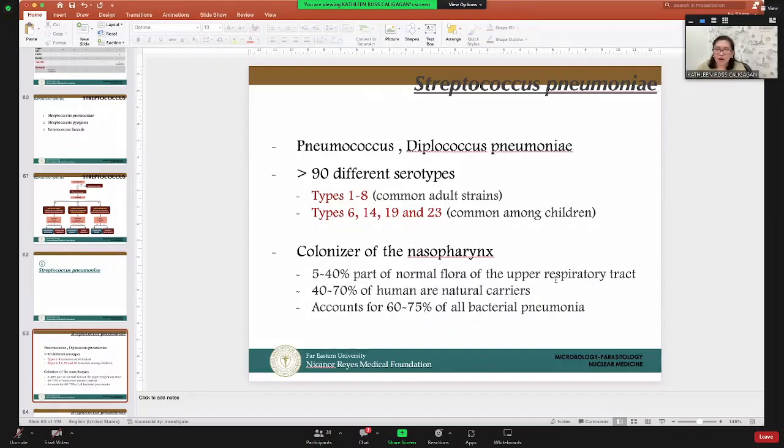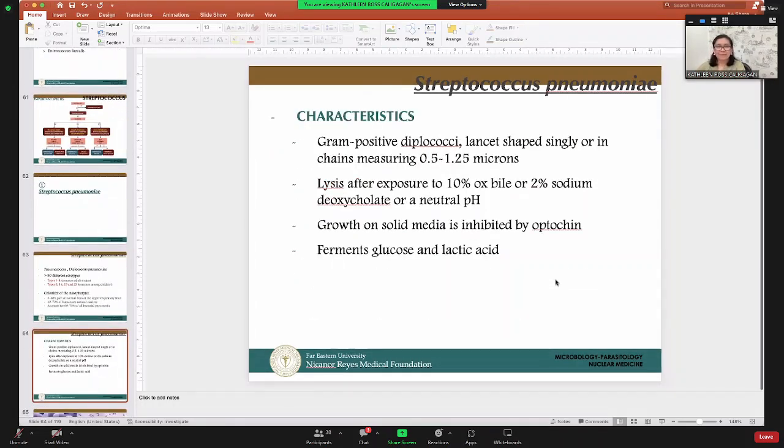It's a normal flora of the nasopharynx, comprising 5 to 40% in the upper respiratory tract. 40 to 70% of humans are natural carriers of Streptococcus pneumoniae in their upper respiratory tract. And it accounts for 60 to 75% of all bacterial pneumonia. In short, it is the most common cause of bacterial pneumonia, especially those requiring ICU.